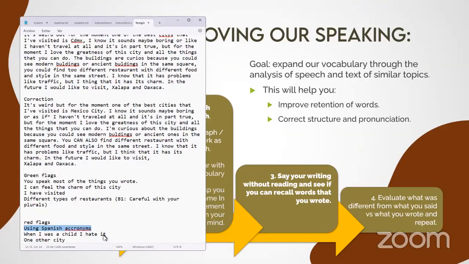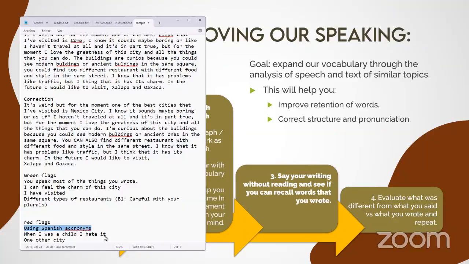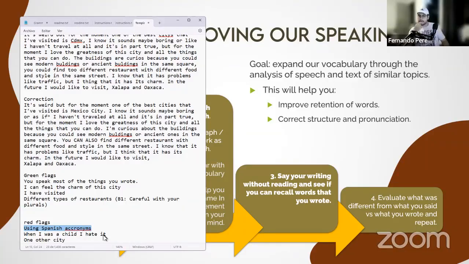Algunos acrónimos se dicen como una sola palabra. Los que se dicen como una sola palabra se tienen que decir igual en el otro idioma, right? Los que se dicen letra por letra sí se traducen como FBI, como bien dijiste. Entonces, si dices UNAM, IMSS o SAT, tenemos que decir el nombre completo, right?